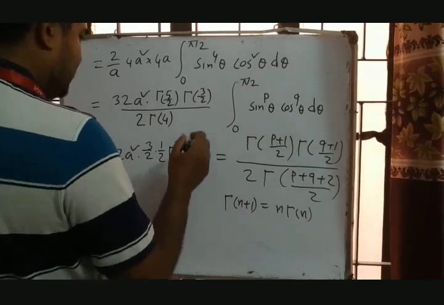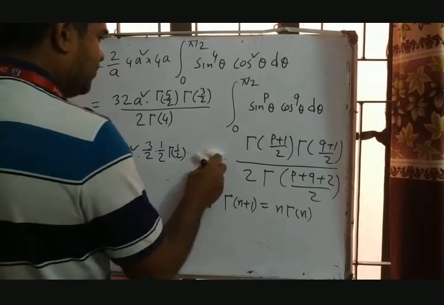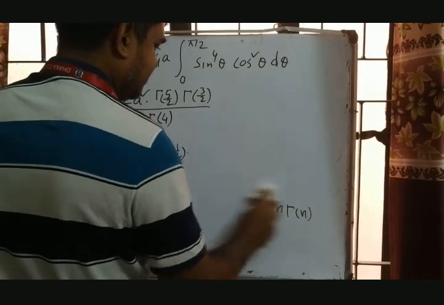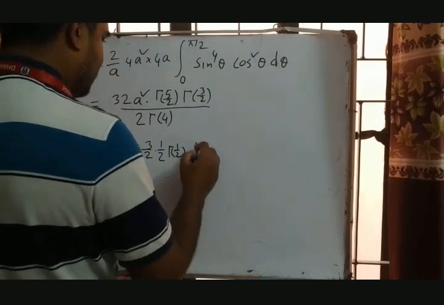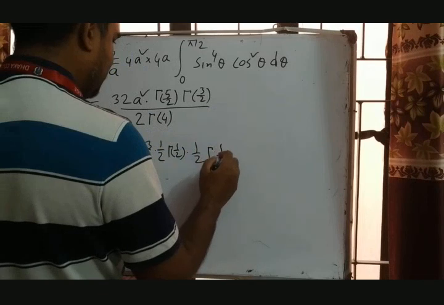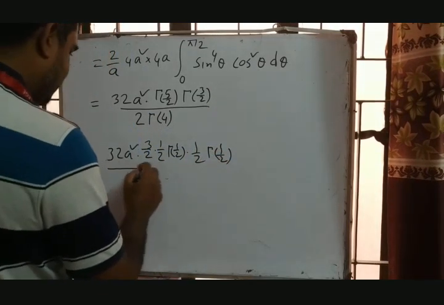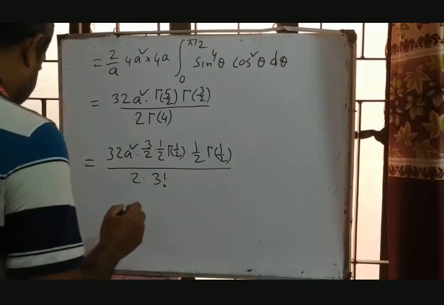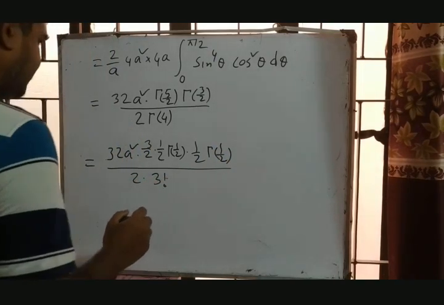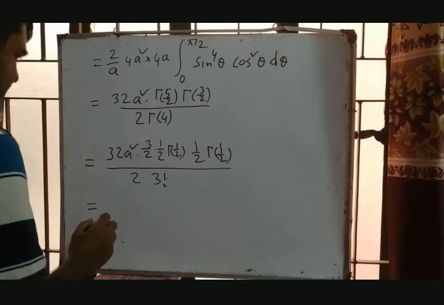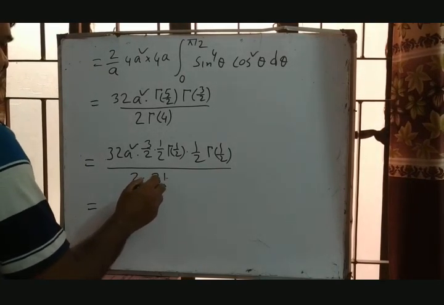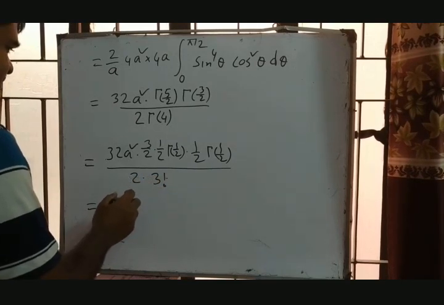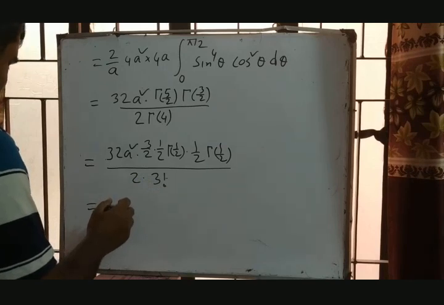Similarly, gamma 3 by 2 is equal to half gamma half, and 2 into gamma 4 means 3 factorial, which is 6, so 12.